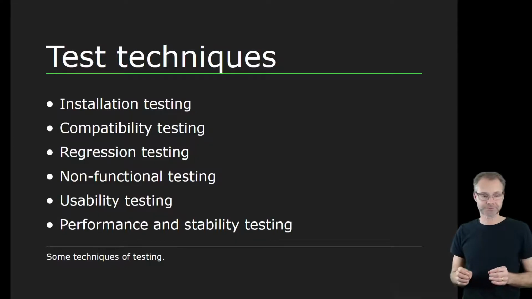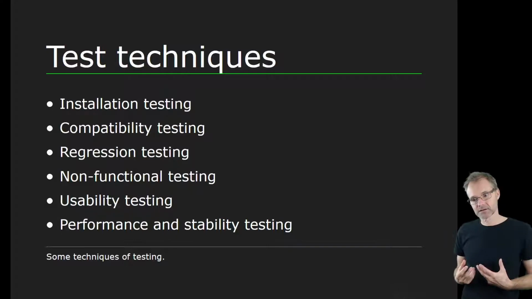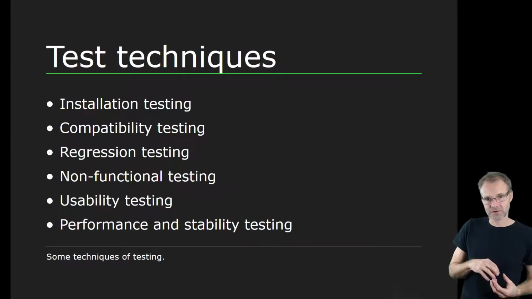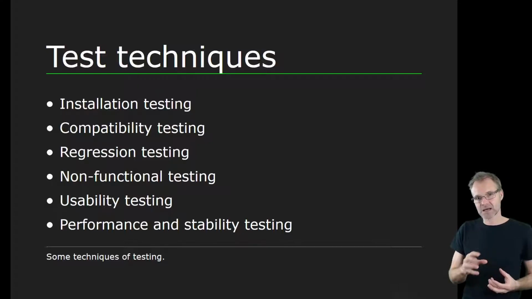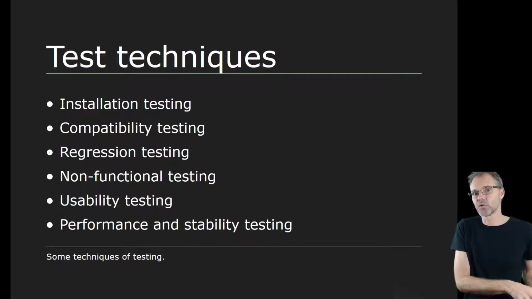Regression testing is a testing technique where you have implemented a late feature or fixed a bug, and the software worked before, but then you were in there and fixed something, and you want to assure that you didn't mess up something. You did a correction, but it had side effects that make other parts faulty.